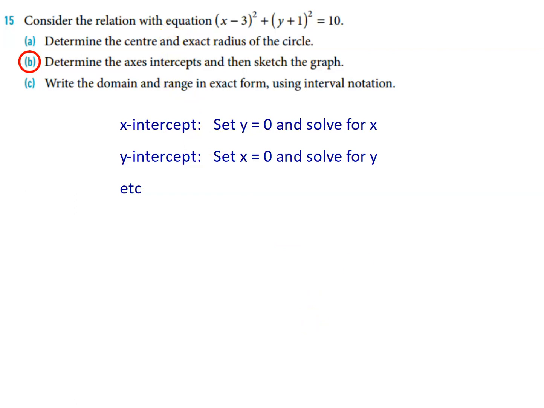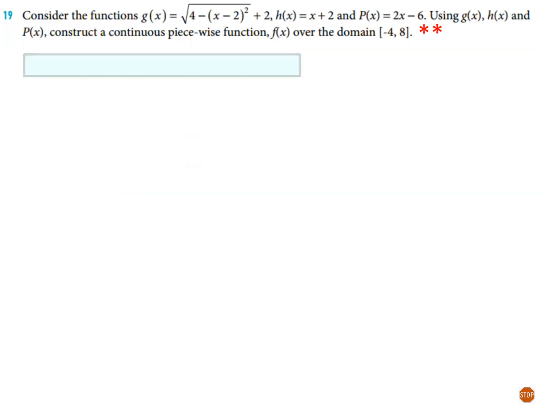I think we have one more page to go, but once again, this is just going to be a bit of a hint. This is a complex, unfamiliar question, and I'd hate to spoil the pleasure of you solving this on your own. So I'm not going to give you too much advice for this one. Consider the functions g of x equals that. That does look a little bit like a semicircle, doesn't it?